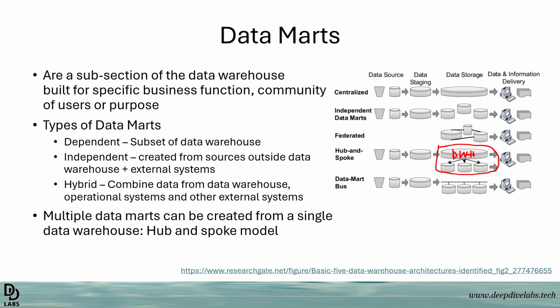You can also have your independent, where your data marts are coming from your data warehouse plus your external systems, and then a hybrid, which is essentially what in this diagram is referred to as federated. Sometimes you also have a data mart bus, right? From your staging, you are putting data into the different data marts itself.